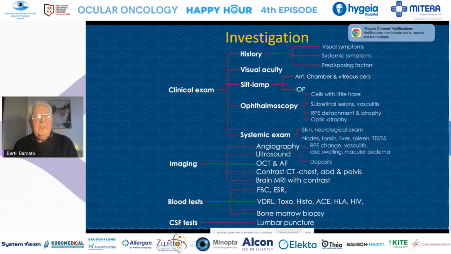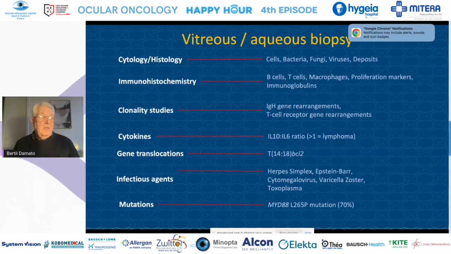So the investigation includes a total clinical exam, history, visual acuity, slit lamp, ophthalmoscopy, systemic exam, imaging that I've just been mentioning, systemic imaging, blood tests, CSF tests, bone marrow biopsy, etc. But very important are vitreous biopsy, aqueous biopsy in some patients, and also sometimes tumor biopsy for histology, immunohistochemistry, clonality studies to look for IgH gene rearrangements.